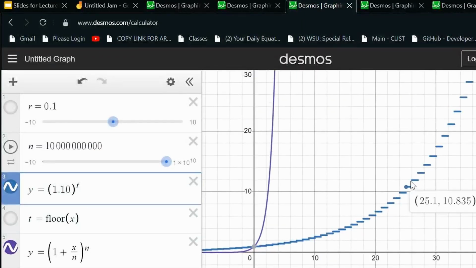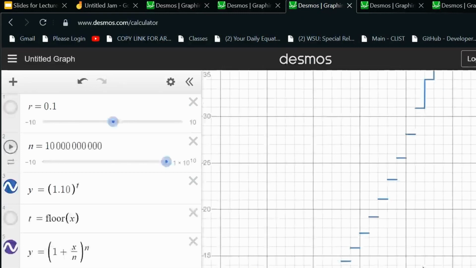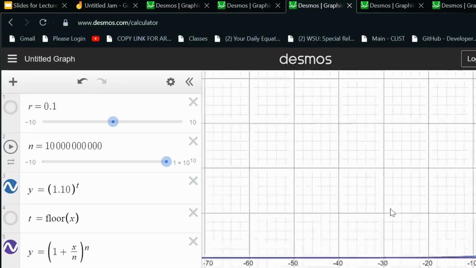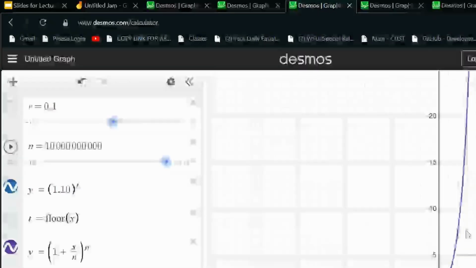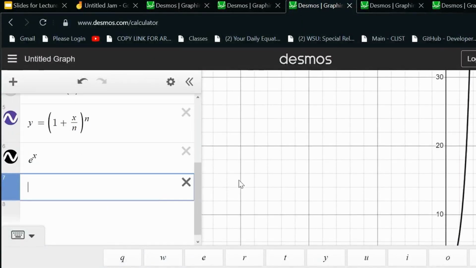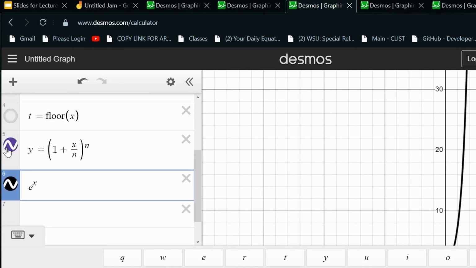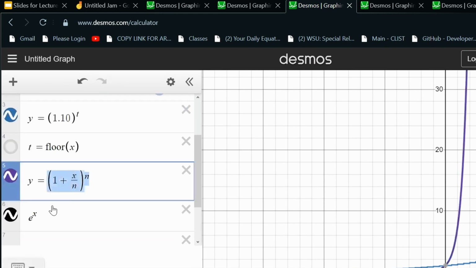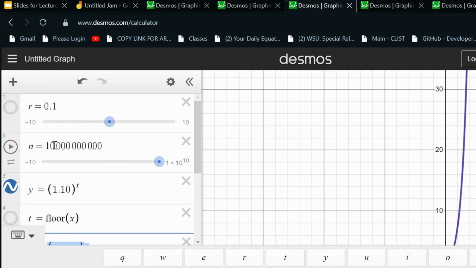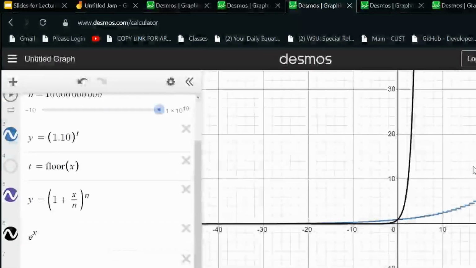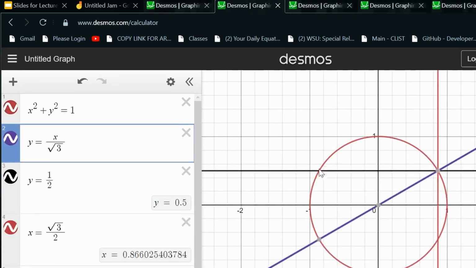These are the steps that we take. Now if we increase n, the gap keeps on decreasing. The function that we are approaching is e raised to x. We can see that this and this function are basically overlapping. So when n is a very large amount, it's basically e raised to x. So back to our question.